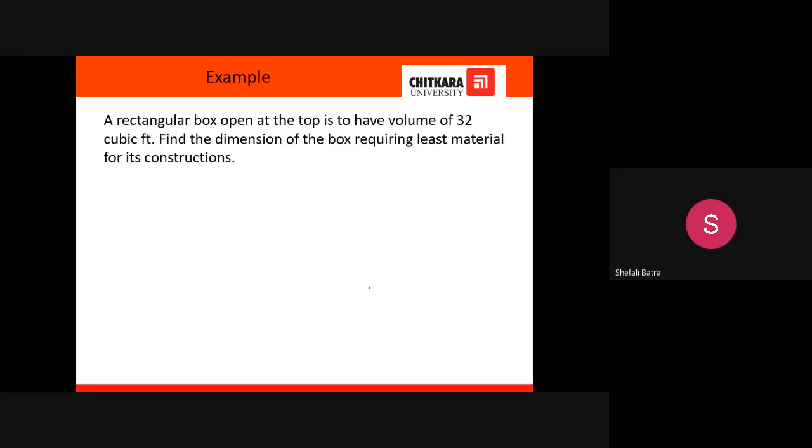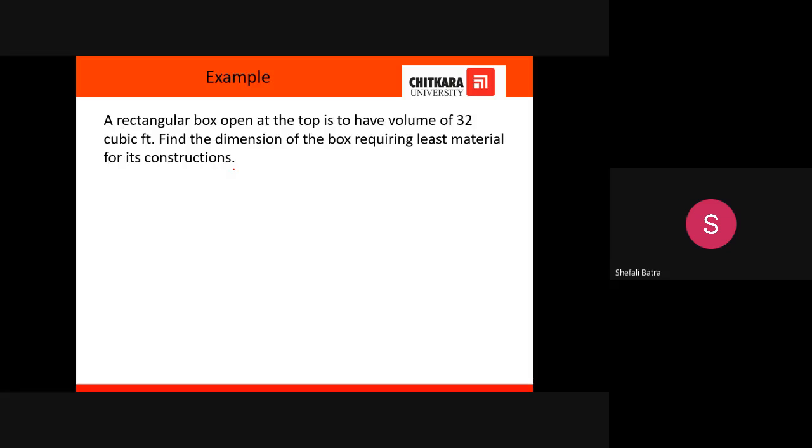Let us have one example. A rectangular box open at the top is to have a volume of 32 cubic feet. Find the dimensions of the box requiring least material for its construction.